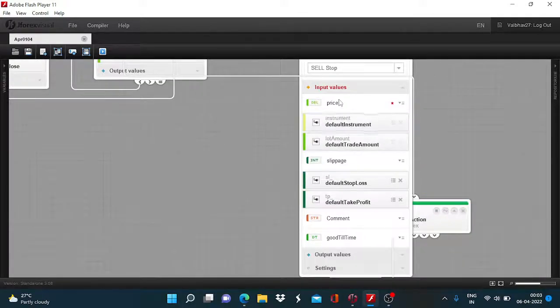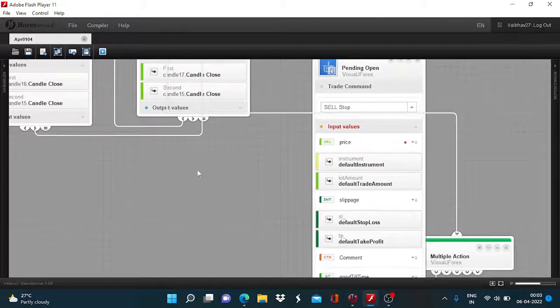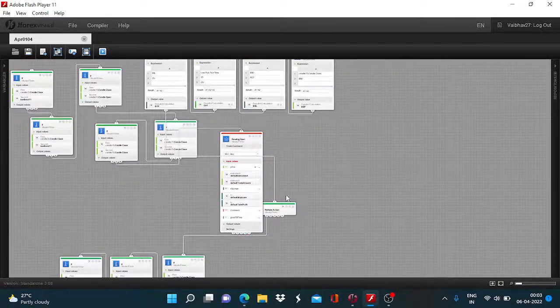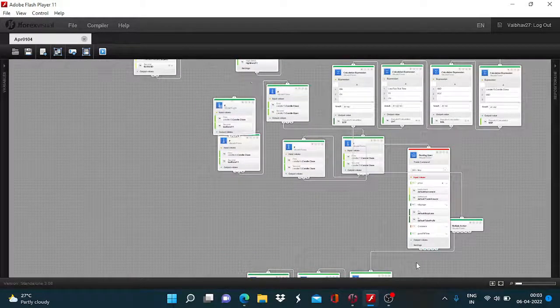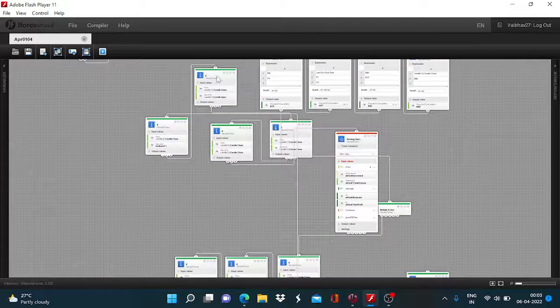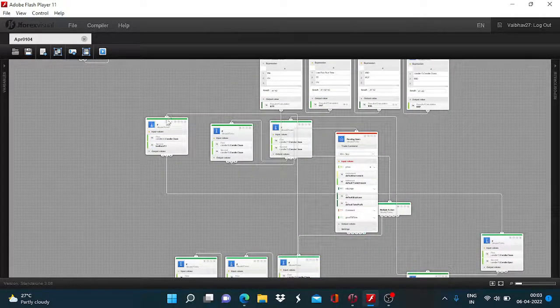and now we have to define these input parameters: the execution price, slippage value, stop loss, and take profit, along with the order validity time. So one by one we will define these conditions. Prior to that, I will place these blocks on the lower side.